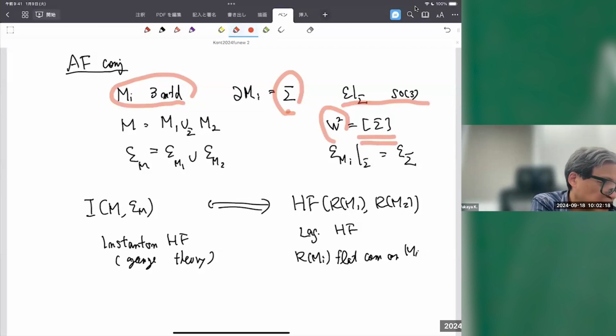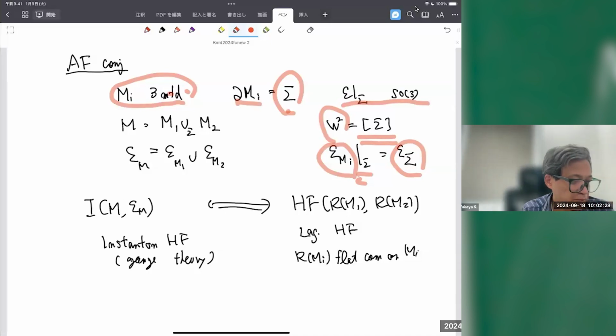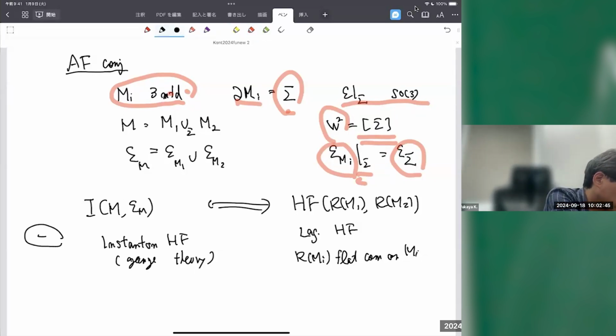And we consider the three-manifold M together with an SO(3) bundle so that its restriction to sigma is E sigma, and the boundary of M is sigma. This necessarily shows that the boundary is actually disconnected, since w2 becomes zero in the ambient space M. So typically you can imagine sigma has two connected components, something like this.